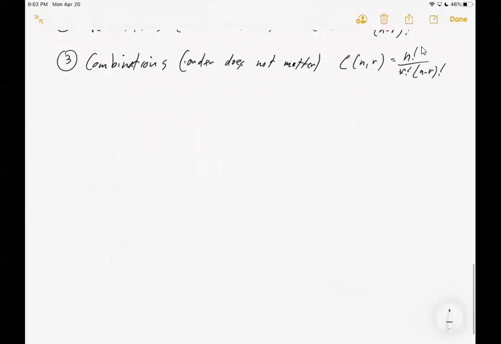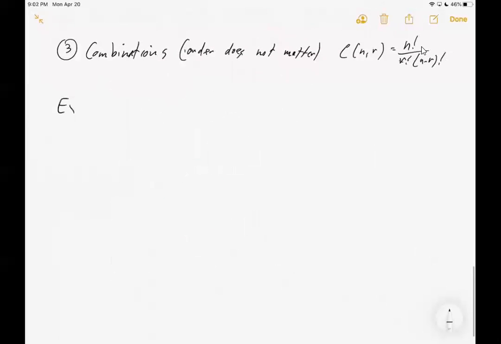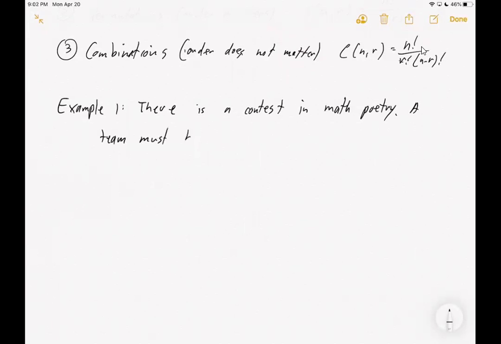Okay, so example one. There is a contest in math poetry. A team must have 2 boys and 2 girls.